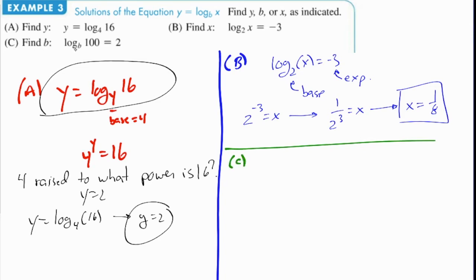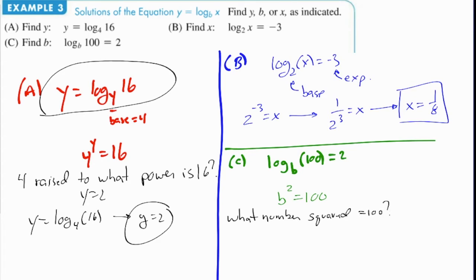And part C says find the base. So we have log base b of 100 equals 2. And we want to write the base b raised to the second power equals 100. We should be able to ask ourselves, what number squared equals 100?